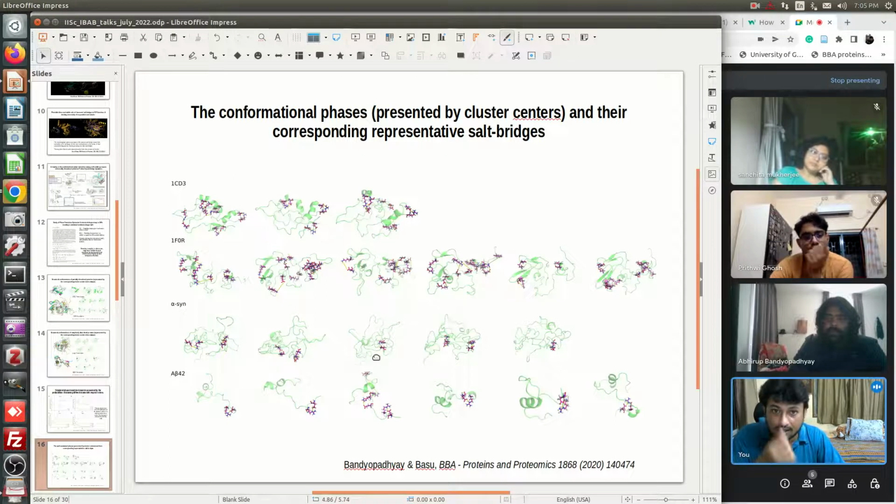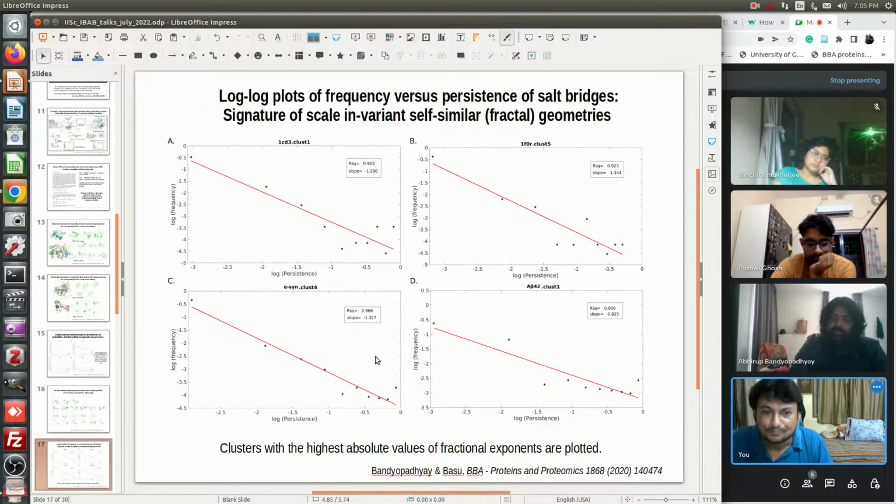The common salt bridges, most of them, were persistent and short ranged, so they are always there, while the others interchange in that way.